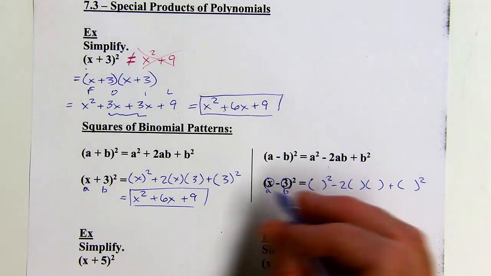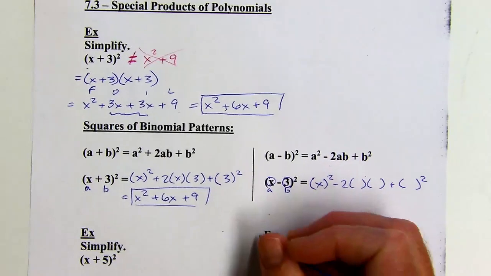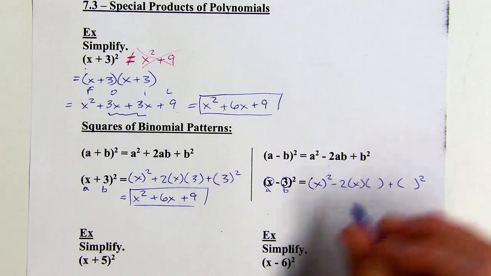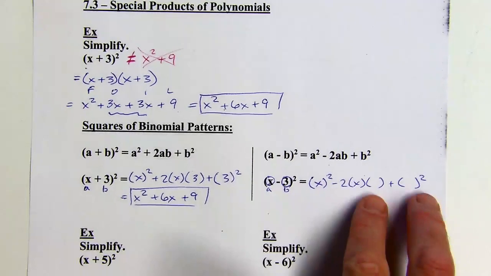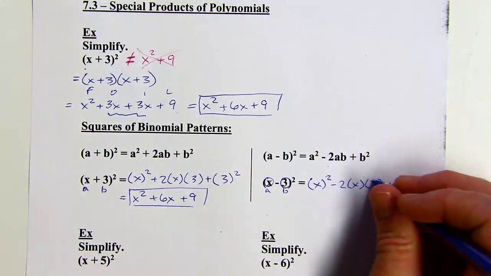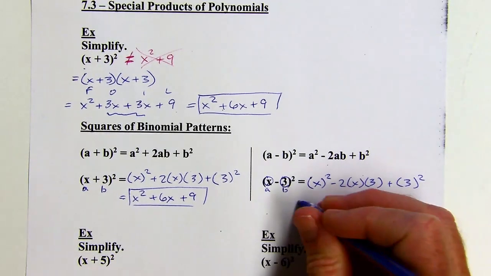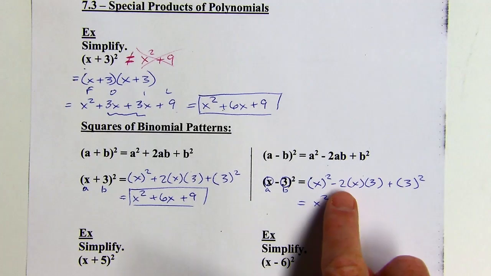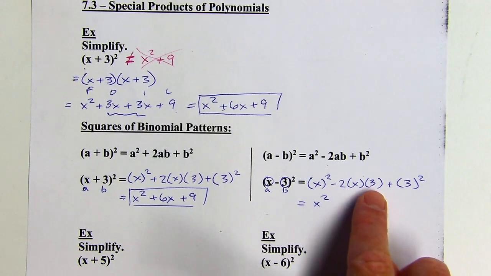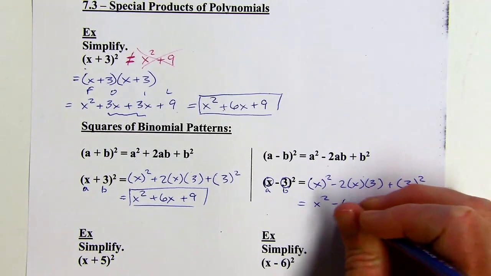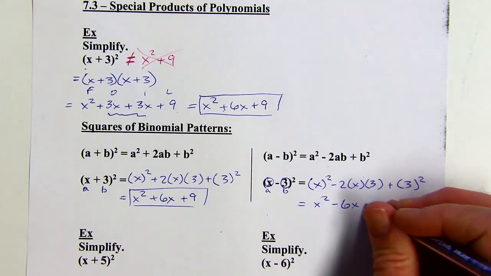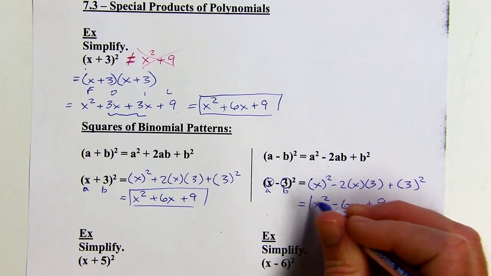Okay, so I'm putting in an x here for my a, an x there for my other a, and the other 2 slots are going to be the b's, so those are 3's. Okay, so then when we simplify this, let's see, negative 2x times 3 would be negative 6x plus 9, and there we go.